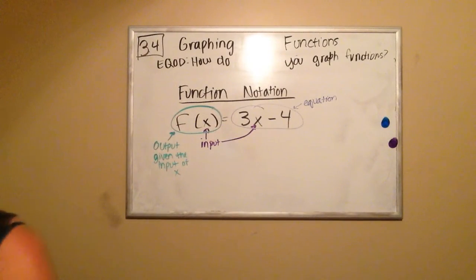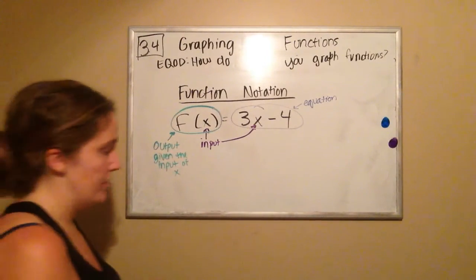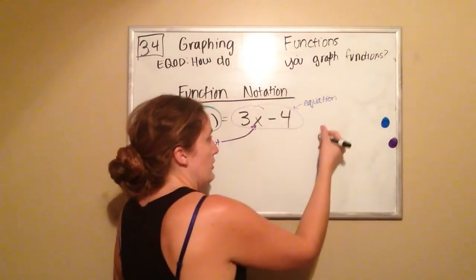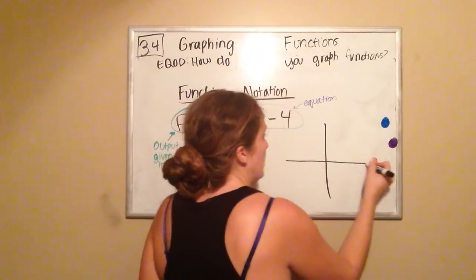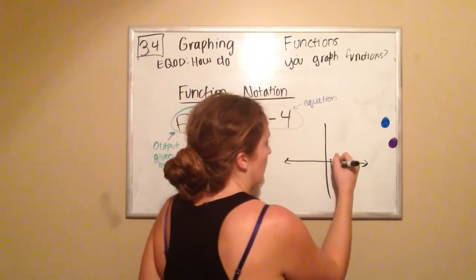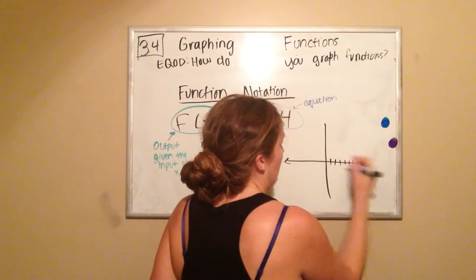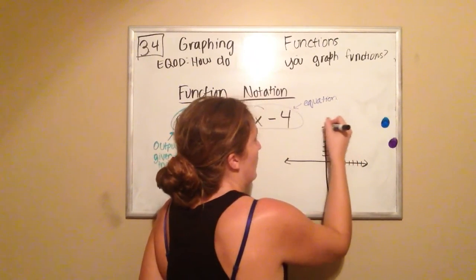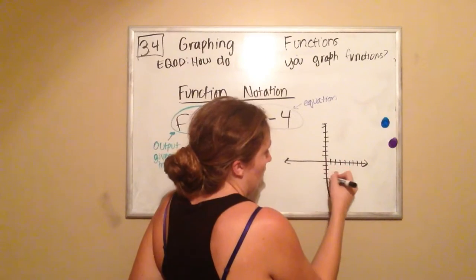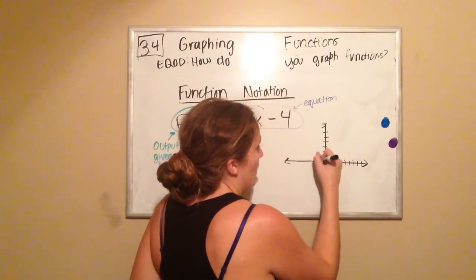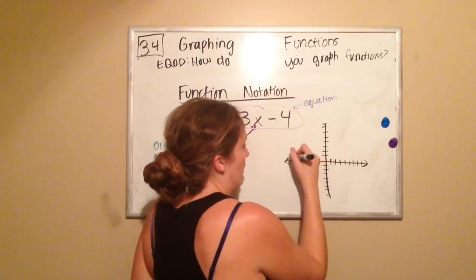So I want to show one last example of this to make sure we're good at reading a graph and seeing how we can use function notation there. So I'm going to give you guys a graph with a couple points. And I'm just going out by ones here in the graph.